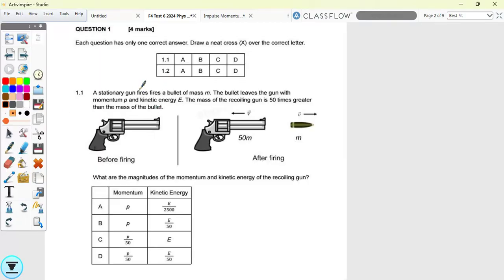Can't remember. So it says a stationary gun fires a bullet of mass m. The bullet leaves the gun with a momentum of that and a kinetic energy of that. The mass of the recoiling gun is 50 times greater than the mass of the bullet. So mass gun is equal to 50 times mass bullet.